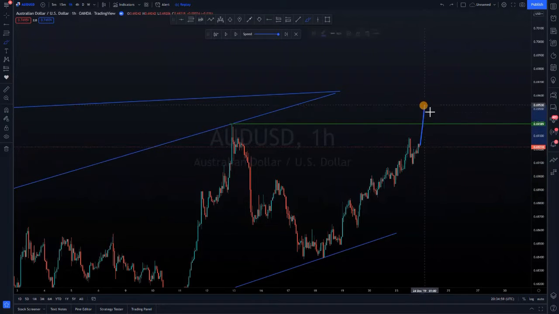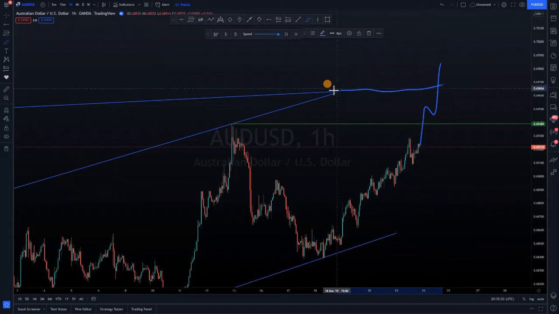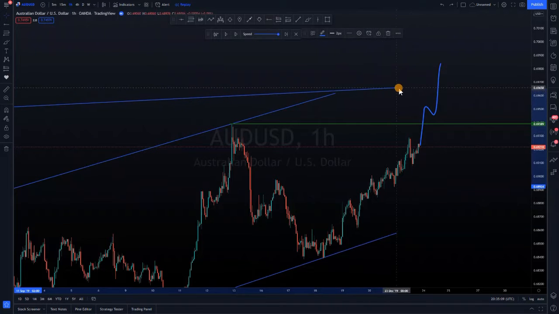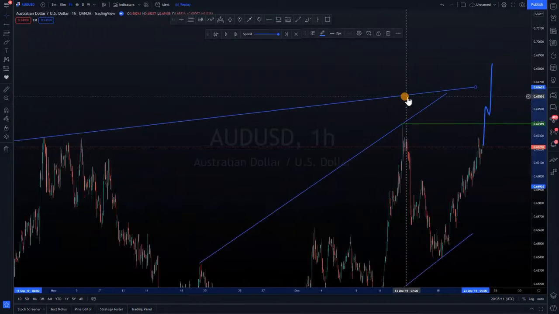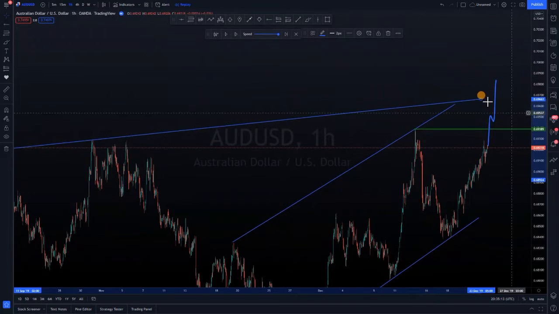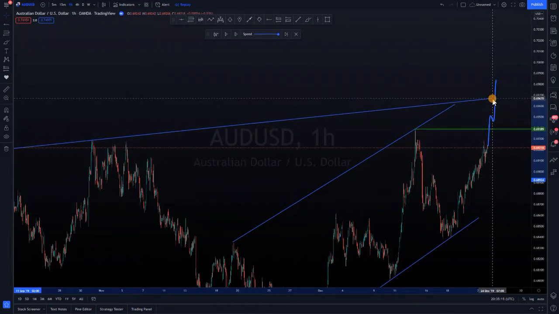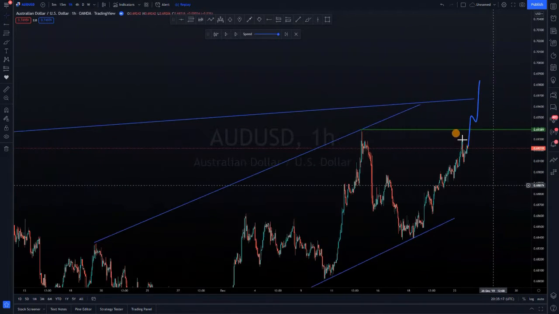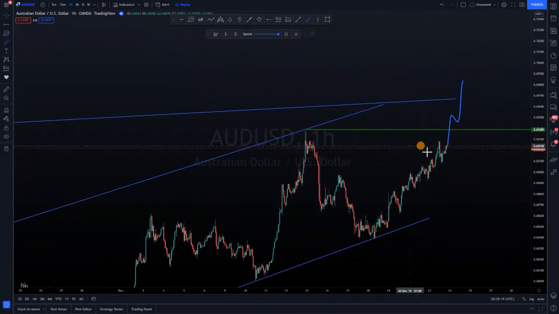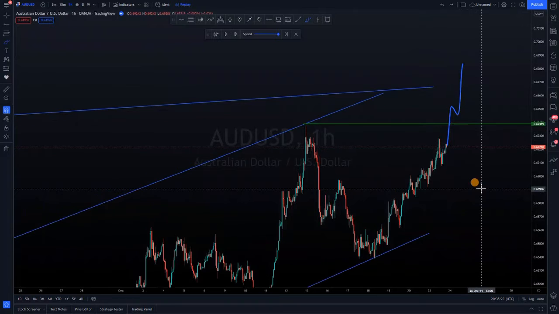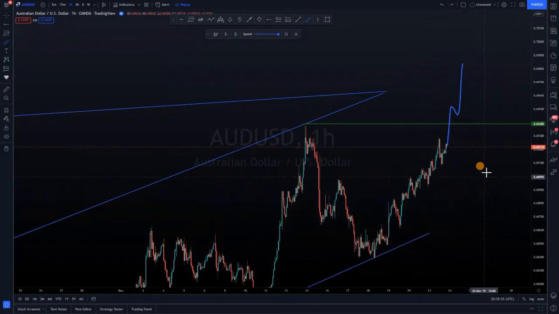And if we don't get a double top, we must see price go back up to test this trend line. I'm doing this very clear so that you guys can see. You must see price go up to test this bigger time frame trend line, or this was a double top from there and shoot down. So we want to be ready for both of these scenarios.